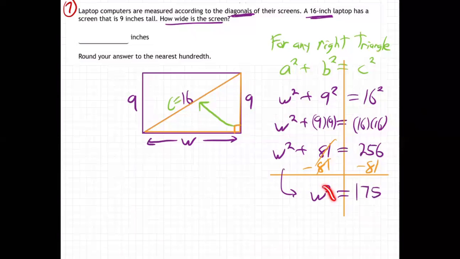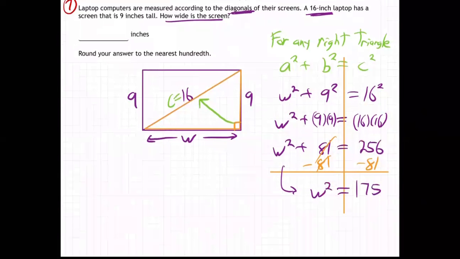I gotta get rid of that 2 power somehow because I just want regular W, right? So what's the last step that gets rid of a 2 power? Everybody know that? Square root.